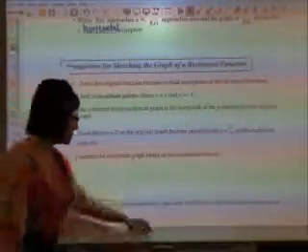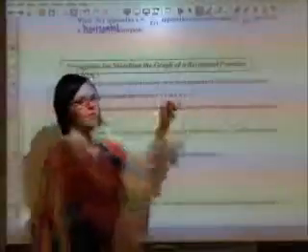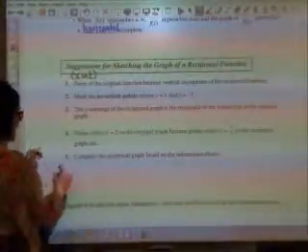The zeros, which are the x-intercepts, you want to write that in as a reminder. The x-intercepts of the original function become my vertical asymptotes. So I draw them in first. Okay? Then I mark my invariant points. So I look at that graph.